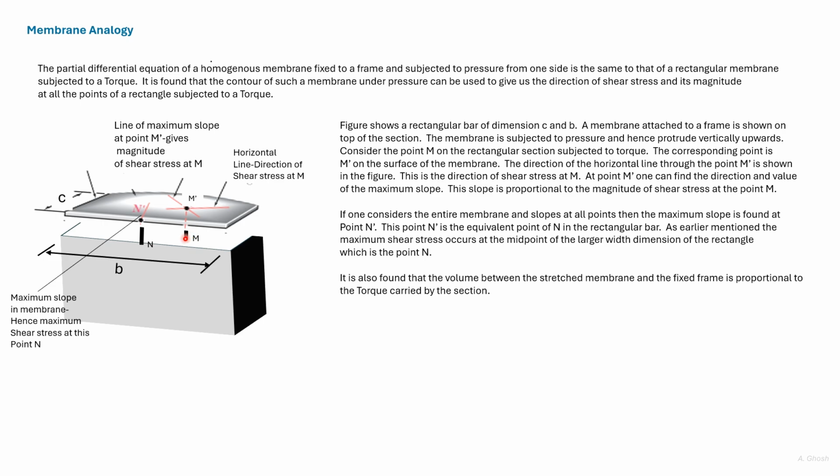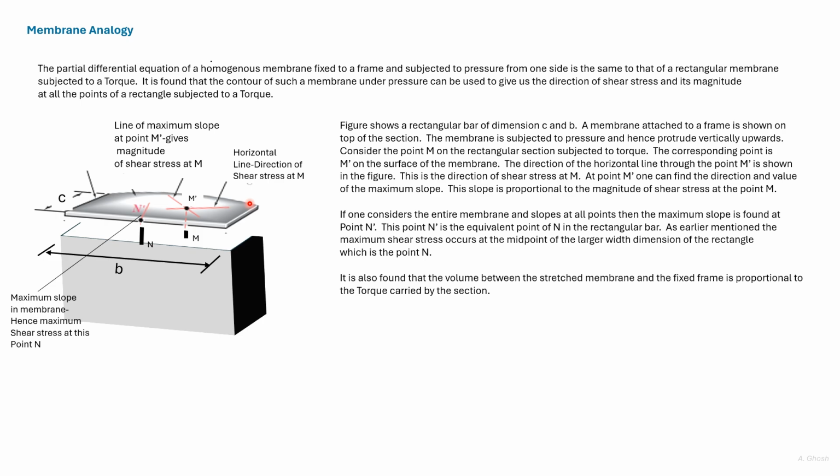Consider a point M on the rectangular section. We can find the point M dash that corresponds to the point M in the membrane. We need to find a line which has a slope that is horizontal and passing through the point M dash.